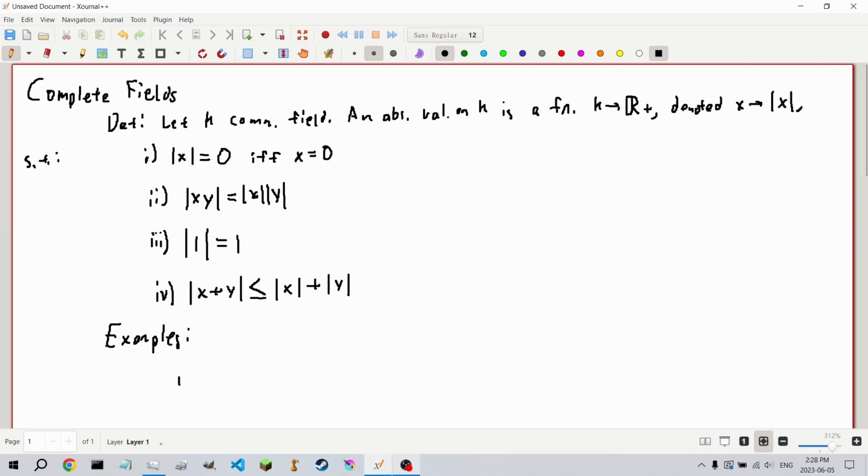The first one is we take the absolute value of x to be, I'm going to write it in a weird way, like this. Essentially, if x is 0, then this delta is going to be 1, so this is going to value to be 0. If x is not 0, this is going to be 1.